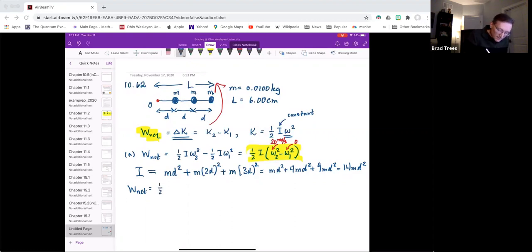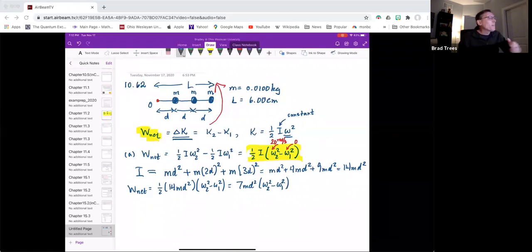So 1/2 times 14 md squared times omega 2 squared minus omega 1 squared. I guess we can write that as 7 md squared times omega 2 squared minus omega 1 squared.